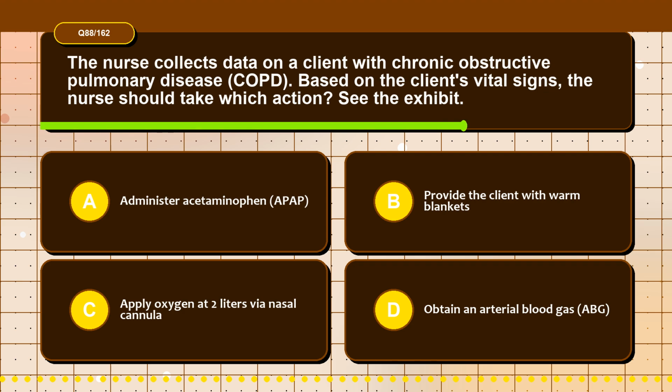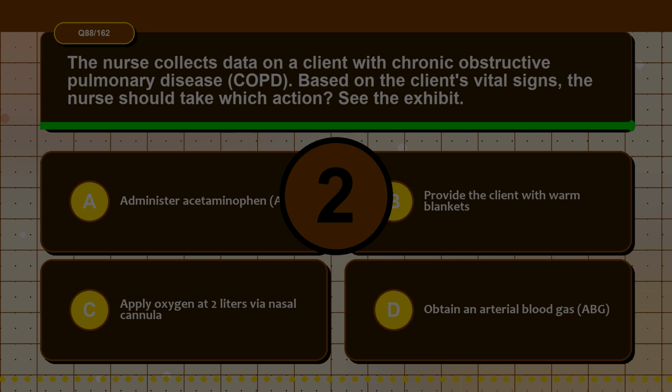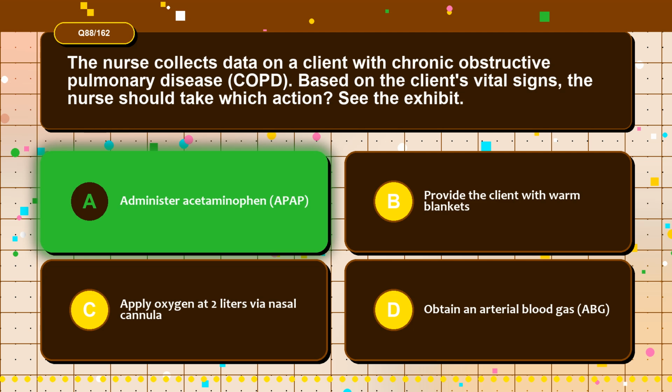Option C, apply oxygen at 2 liters via nasal cannula. Option D, obtain an arterial blood gas (ABG). The correct answer is option A, administer acetaminophen in a PAP.